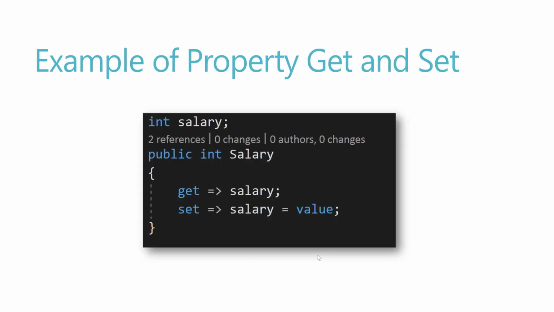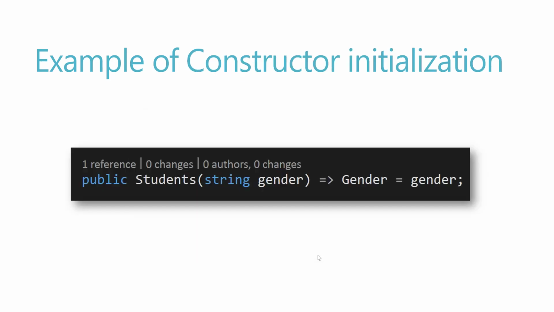As you can see, for the example of the property get and set accessor, the code is going to look something like this. We set a value for the Salary property using the get lambda expression of salary, and set of salary is equal to value. This is a much more readable and neater way than before. For the constructor initialization, we can do something like this.